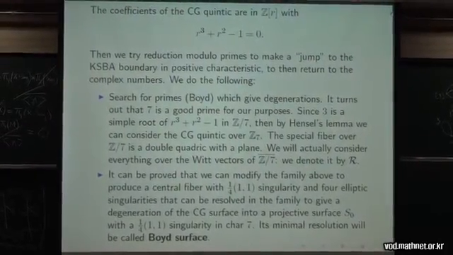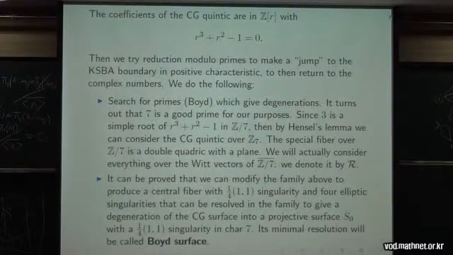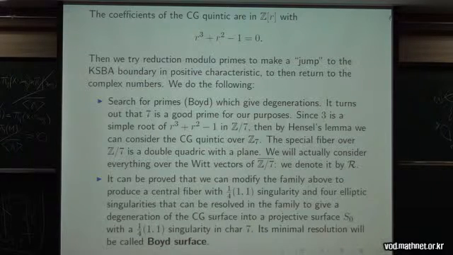And he realized that when you take 7, this 3 is a simple root of this polynomial, so by using Hensel's lemma, you can consider this Craighero-Gattazzo quintic over the 7-adics, and then you have the 7-adic expansion, and you will find that for 7, the Craighero-Gattazzo quintic becomes a double quartic with a plane.